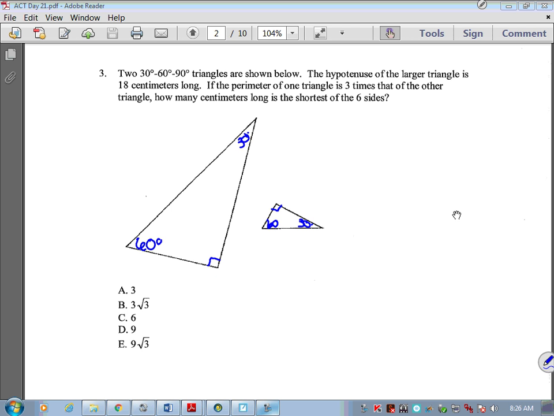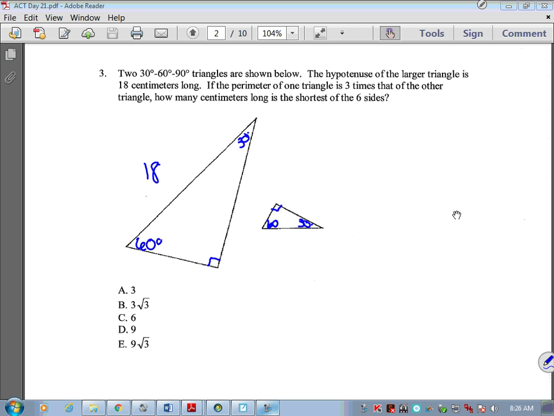So that I at least had that information based upon appearances. The hypotenuse of the larger triangle is 18 centimeters long, which means I'm going to put 18 here. If the perimeter of one triangle is 3 times that of the other triangle, how many centimeters long is the shortest of the 6 sides?